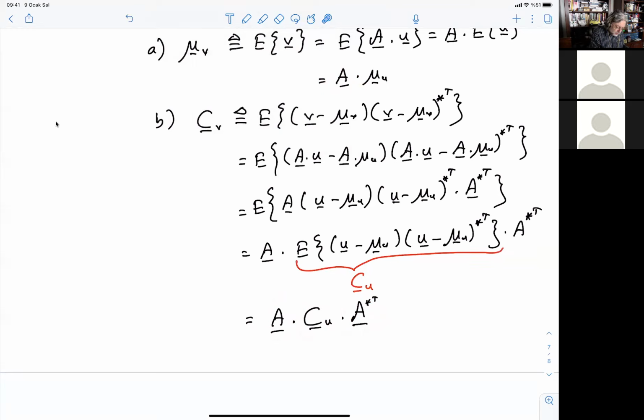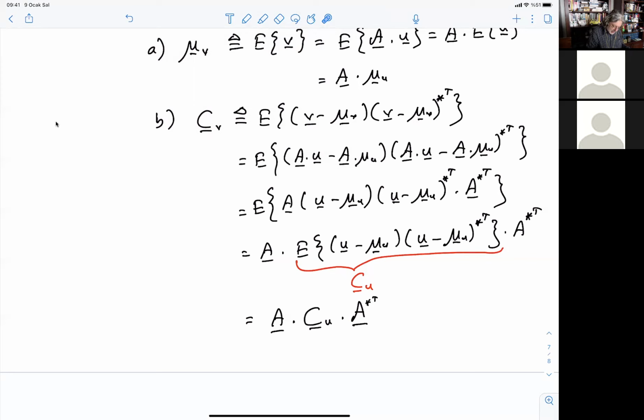By the way, if you don't use these mean subtraction terms, then this will become R sub X, or capital R sub V in this case, if the signal is V, which corresponds to autocorrelation, not the autocovariance. If you subtract the mean, you will get the autocovariance. If you don't subtract the means, you will get the autocorrelation, capital R.